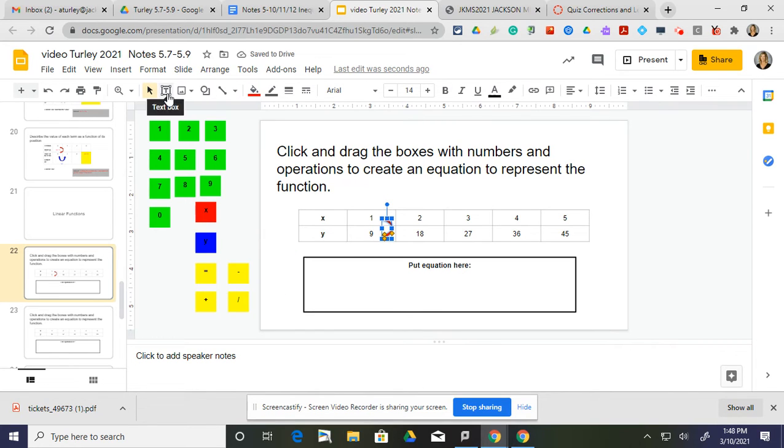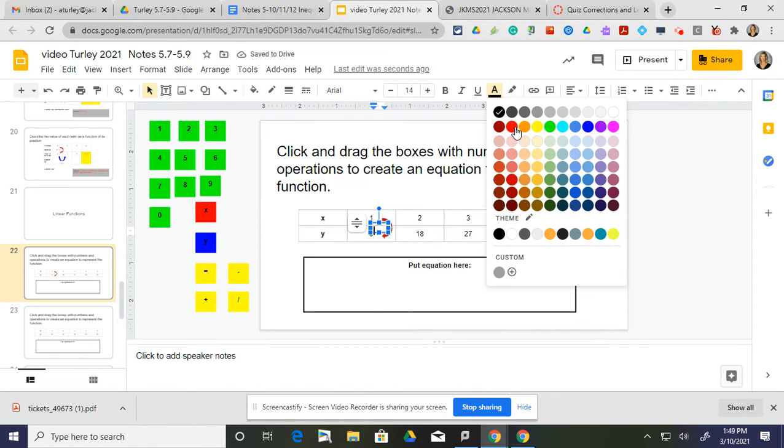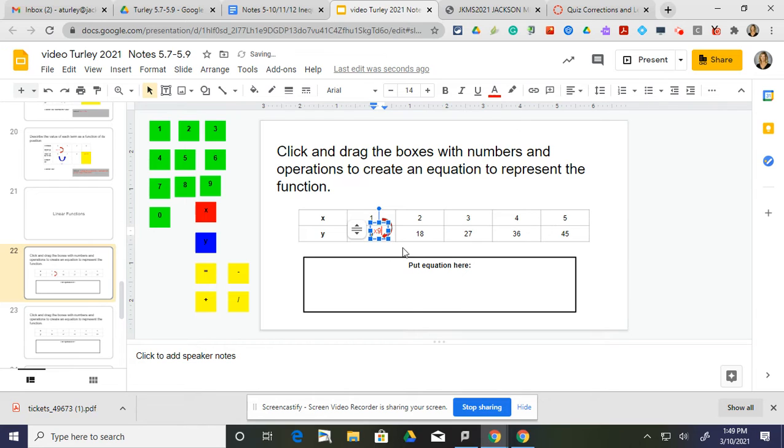Okay, so we are multiplying by 9. And that's all, because 1 times 9 is 9. 2 times 9 is 18. 3 times 9 is 27.